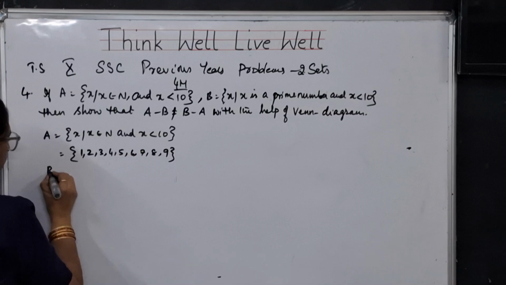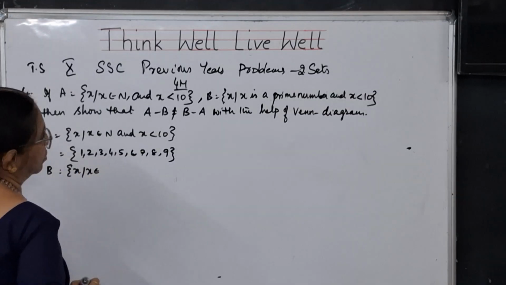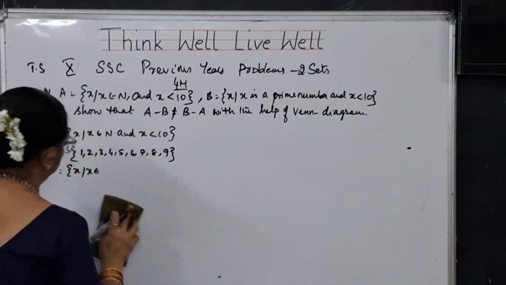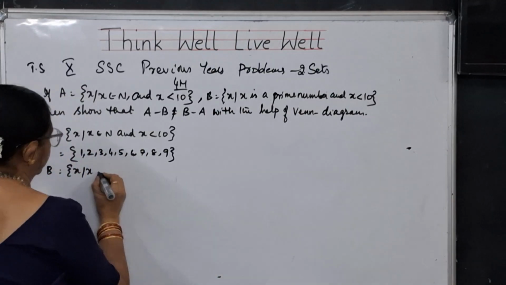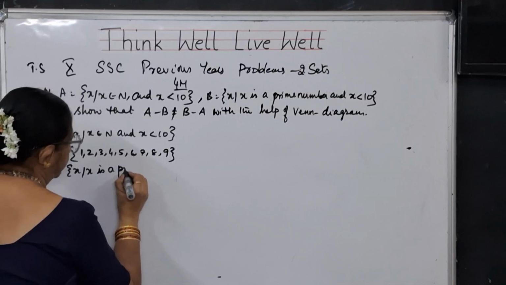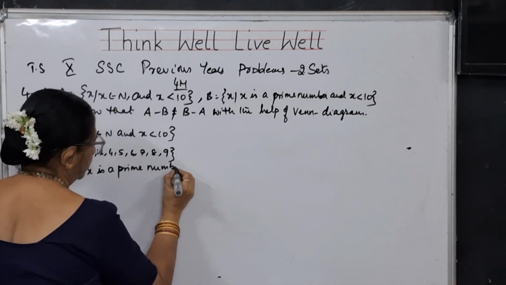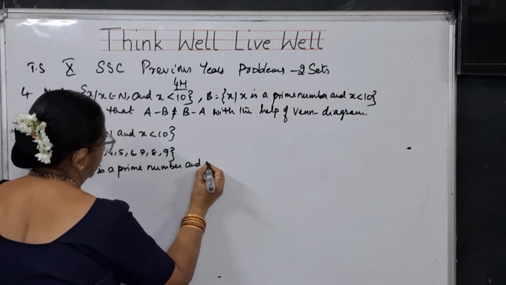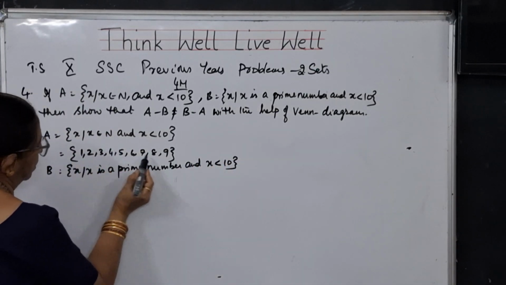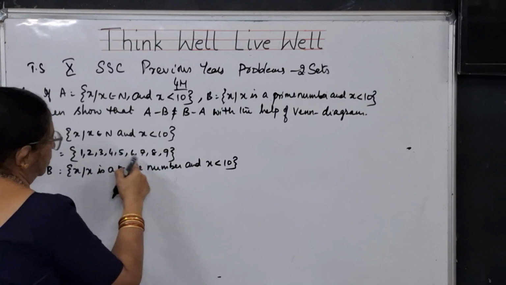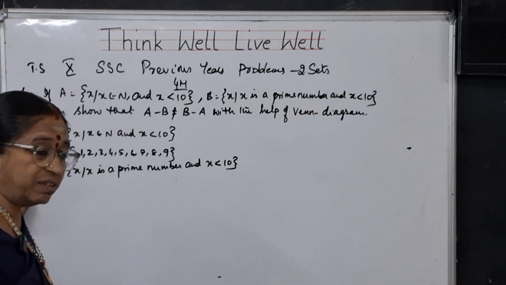Now B is equal to {X such that X is a prime number and X is less than 10}. That means, children, you have done set A elements, which are the natural numbers less than 10.